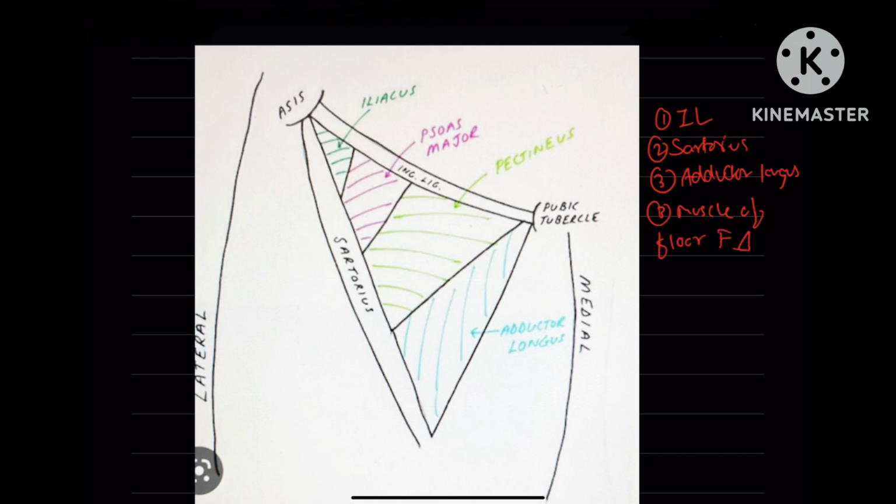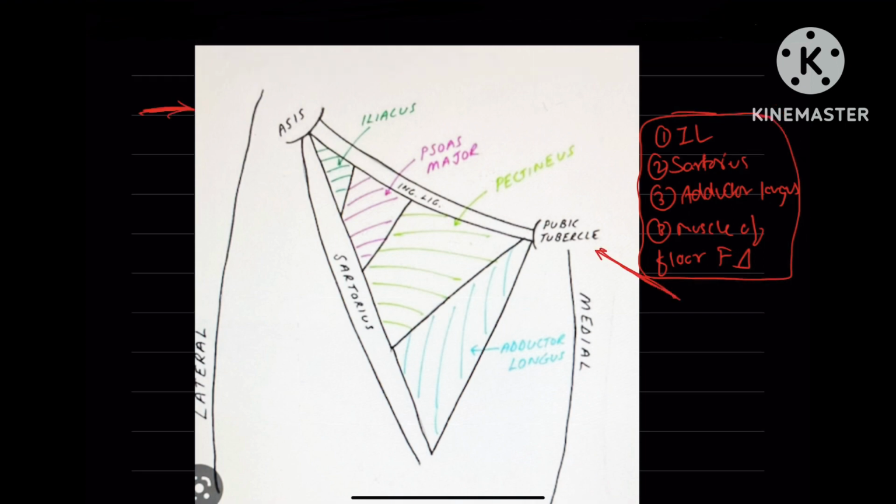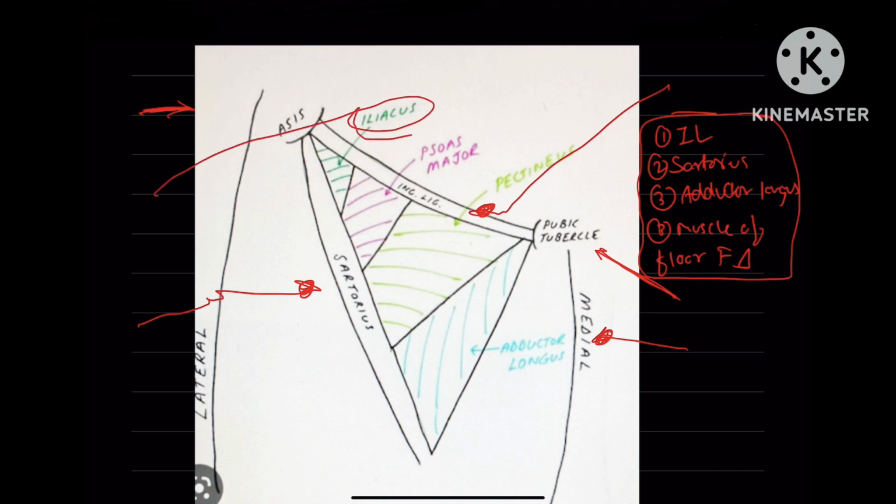These four things you have to compulsorily show in the boundaries diagram. The medial border is formed by the adductor longus, the lateral border by the sartorius muscle, the base by the inguinal ligament, and the muscles forming the floor are iliacus laterally, psoas major, pectineus, and adductor magnus medially.